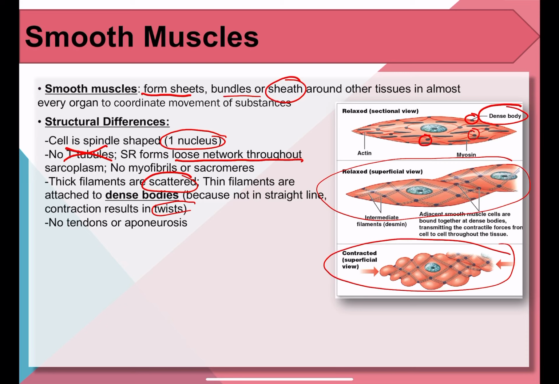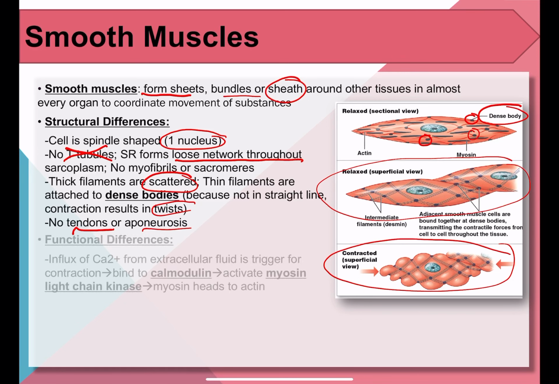Because of how their filaments are oriented, they have that twisting motion every time they squeeze, which makes sense because they usually surround your digestive system, for example, your stomach and intestine. They're squeezing and moving food along or blending the food, so they need those twists of muscle. They're not really for linear movement of muscle. And also, they don't have tendons or aponeuroses.